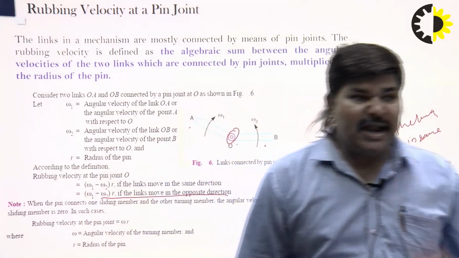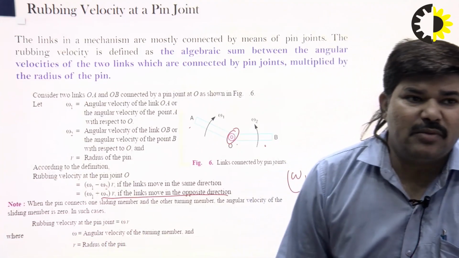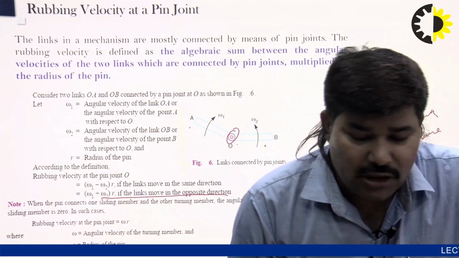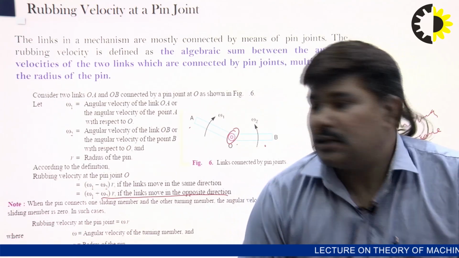So please remember that when the pin connects the sliding member of the slider crank and the other turning member, the angular velocity of the sliding member is 0. In that case the rubbing velocity is omega into R, right.